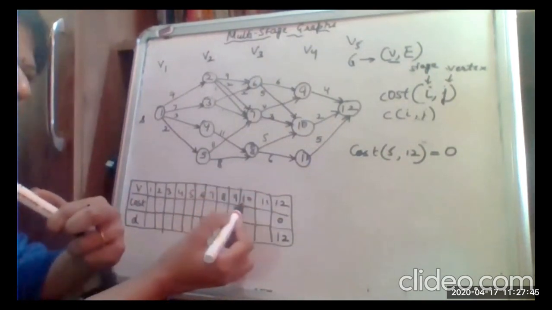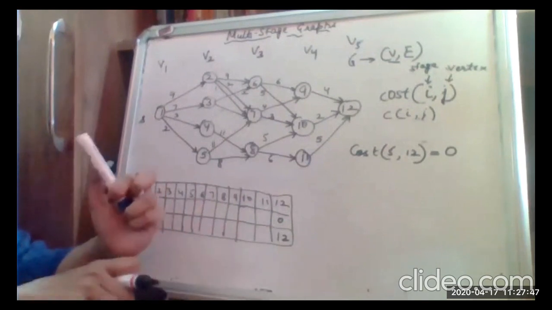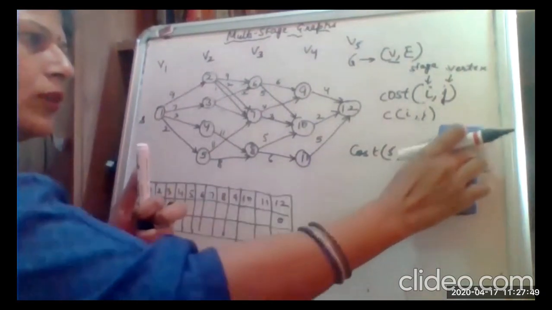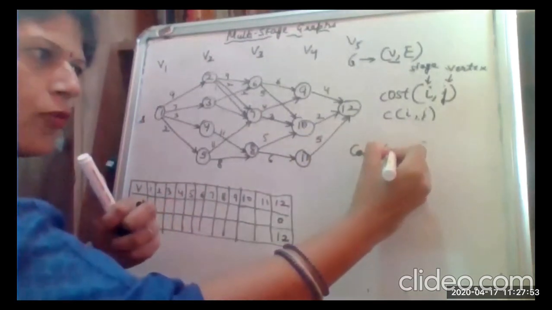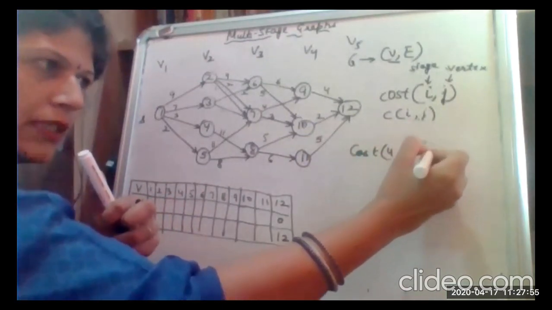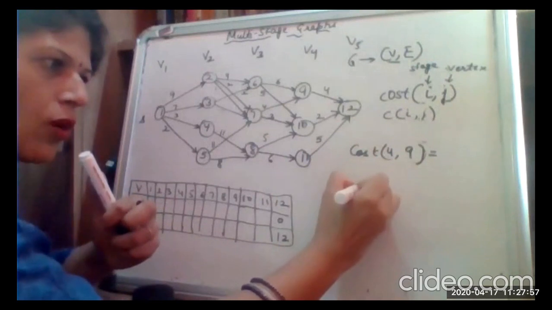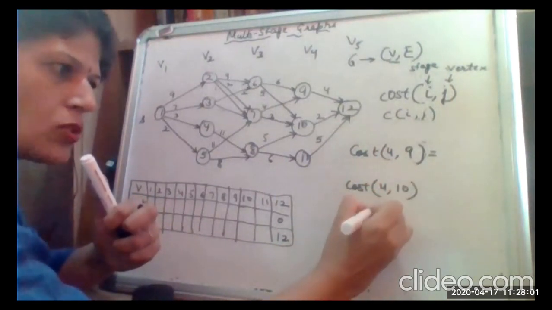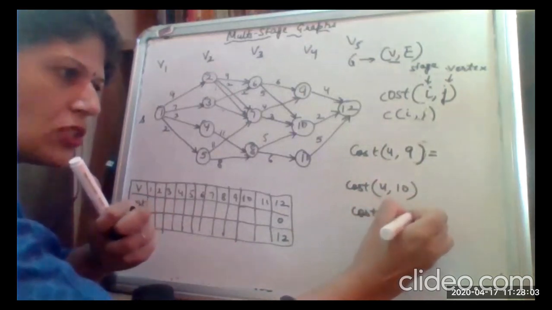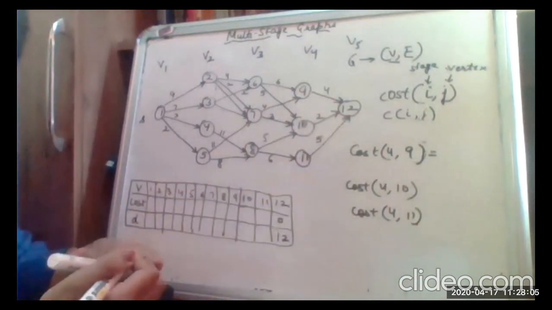Now comes 9, 10, 11. For that, what we are going to do here is cost of the fourth stage 9th vertex, cost of the fourth stage 10th vertex, cost of the fourth stage 11th vertex to reach the sink.